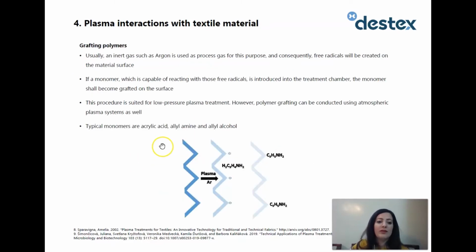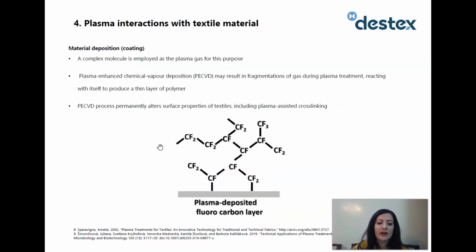Also, we can have grafting of polymers by introducing monomers and certain particles into the gas mixture in the plasma treatment for textiles. And finally, thin coatings, nanoscale coatings, are possible via plasma on textile materials.